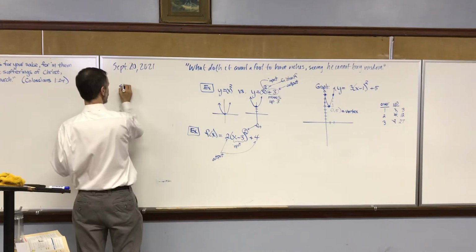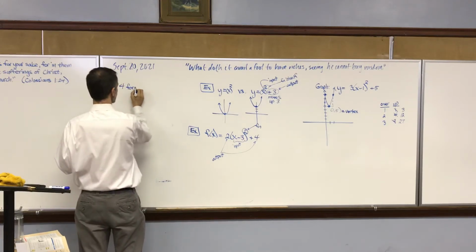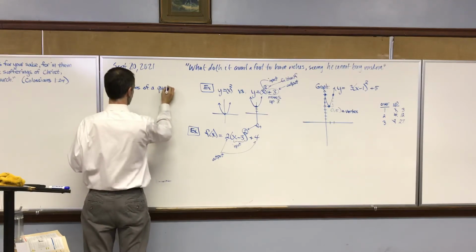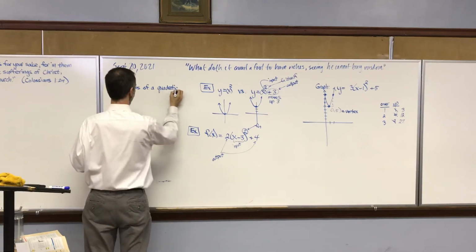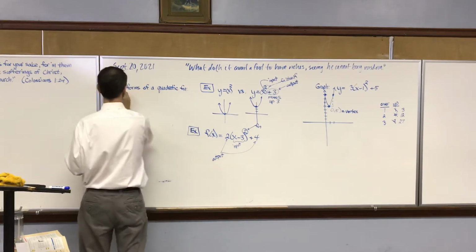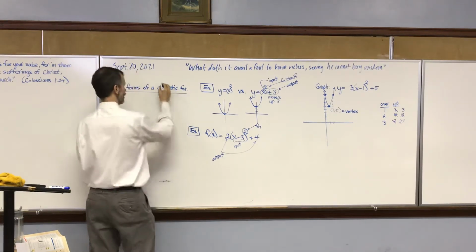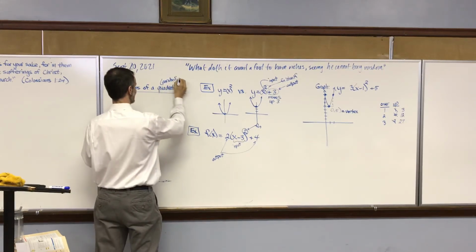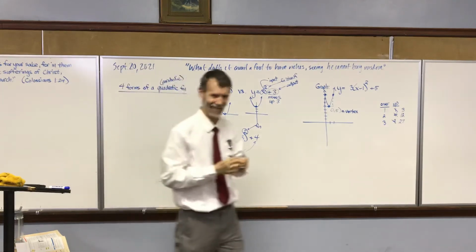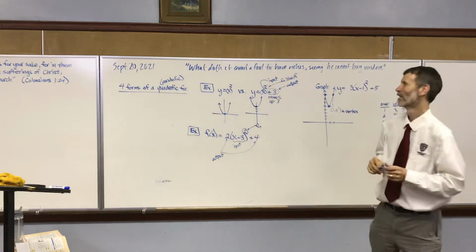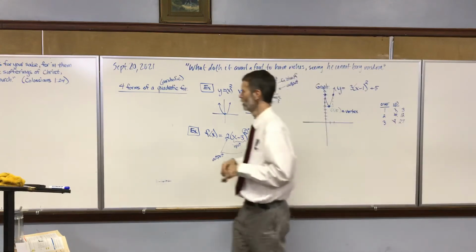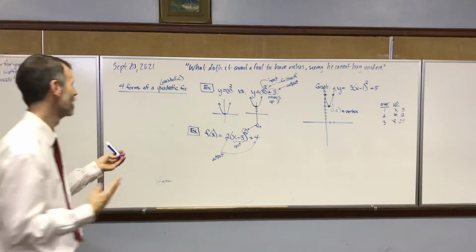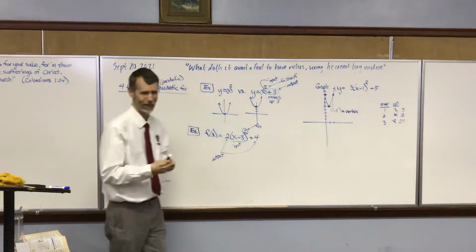There are 4 forms of a quadratic function. A parabola function. I usually call that parabolic. That's the adjective form of parabola. Just as there are 4 forms of a line, there are actually more than that, but 4 basic ones. There are also 4 basic forms of a quadratic.